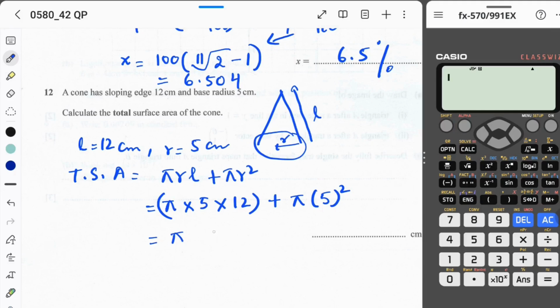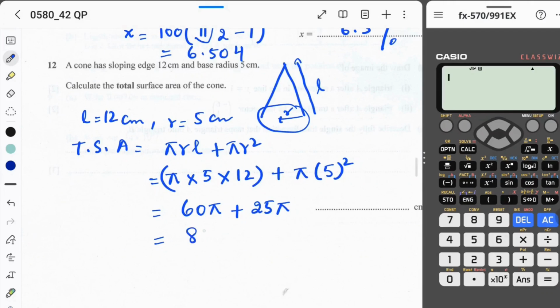So 12 times 5 is 60, so that is 60 pi plus 25 pi. 60 pi and 25 pi is 85 pi.